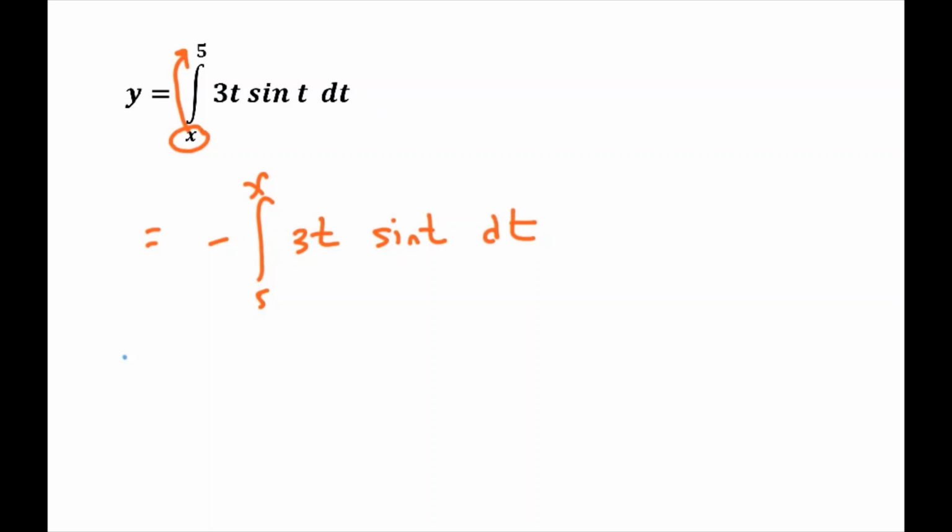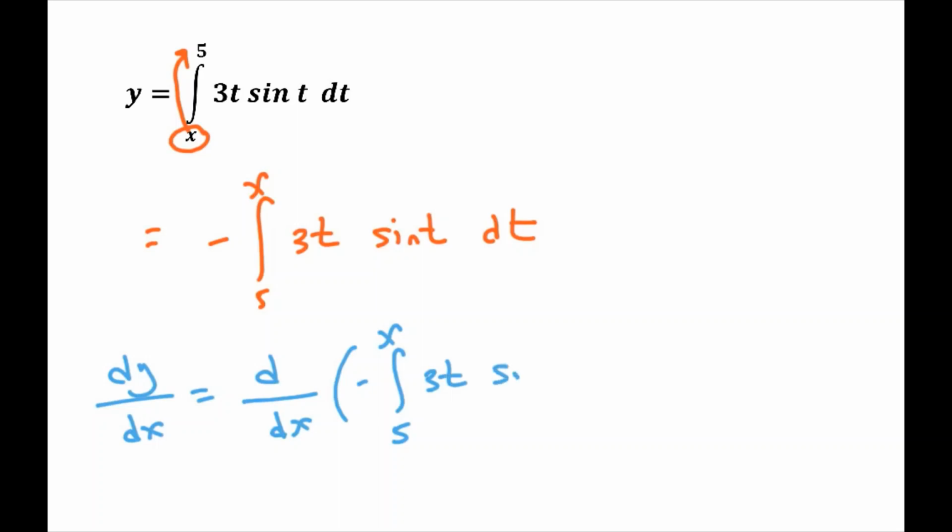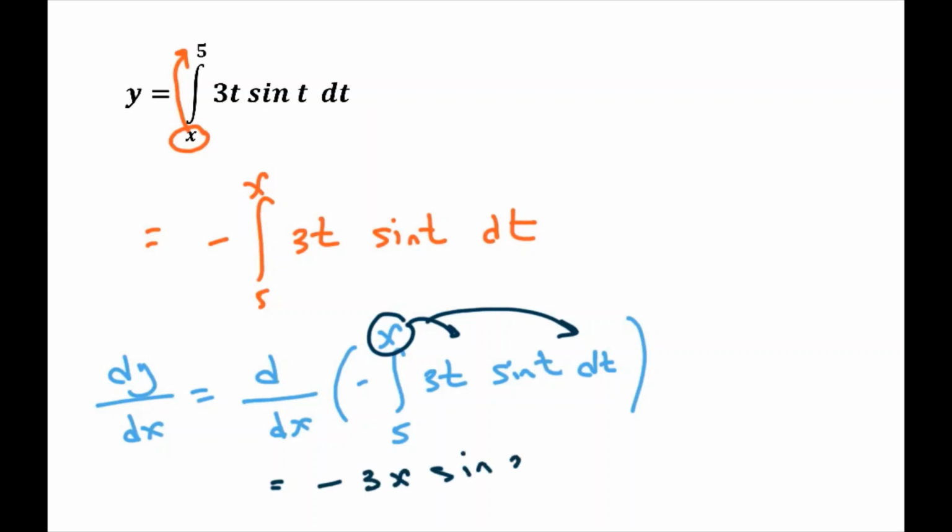When you want to find dy over dx, it is d over dx of negative the integral from 5 to x, and that's going to be equal to negative, and plug x in here, negative 3x sine x.